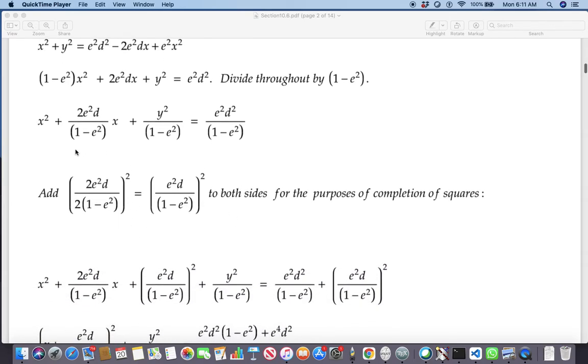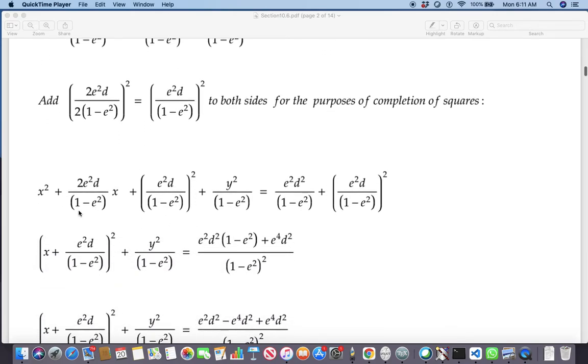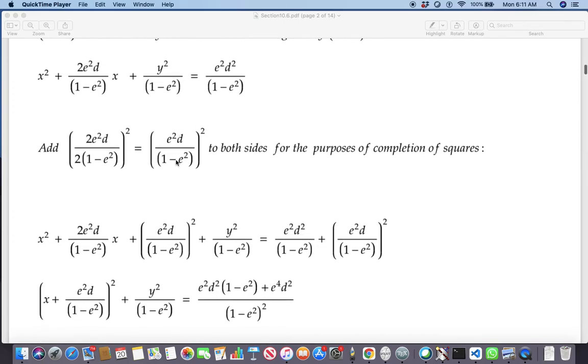You are basically completing the square, so the coefficient of x over 2, squared, you need to add to both sides. If we add that quantity, (e squared d over (1 minus e squared)) squared, for the purposes of completion of the square, I add this quantity to the left and the same quantity to the right.